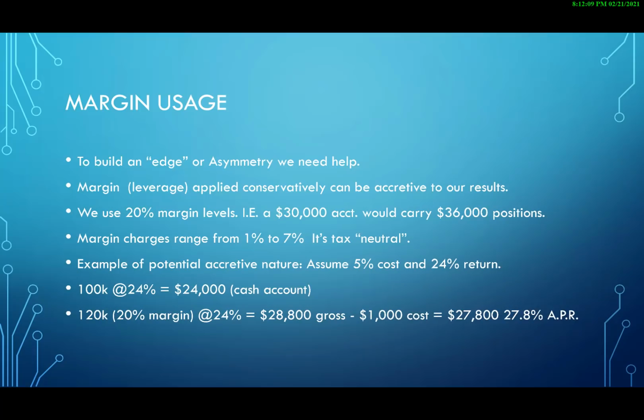You want to go buy $100,000 worth of stock, you only need to come up with $50,000. Now, portfolio margin is 5-to-1 leverage, so it's only 20% down. You want to buy $100,000 worth of stock, you only have to put down $20,000. But regardless, you understand that margin is a knife that cuts both ways. And so we want to be conservative in our margin levels.